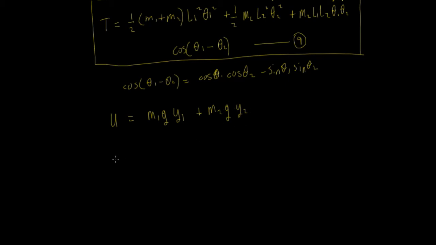So then we can write that U equals, well, the coordinate system, we'll call it negative g, and you're going to have m1 y1 plus m2 y2.